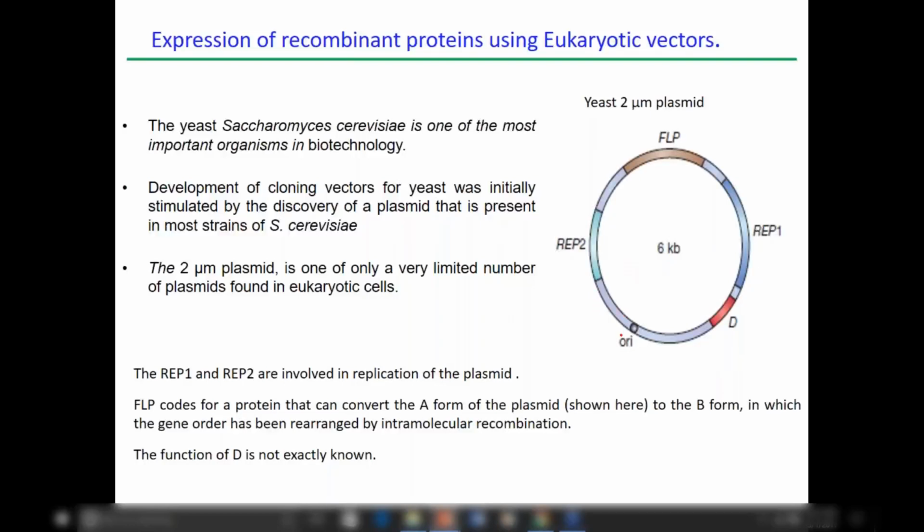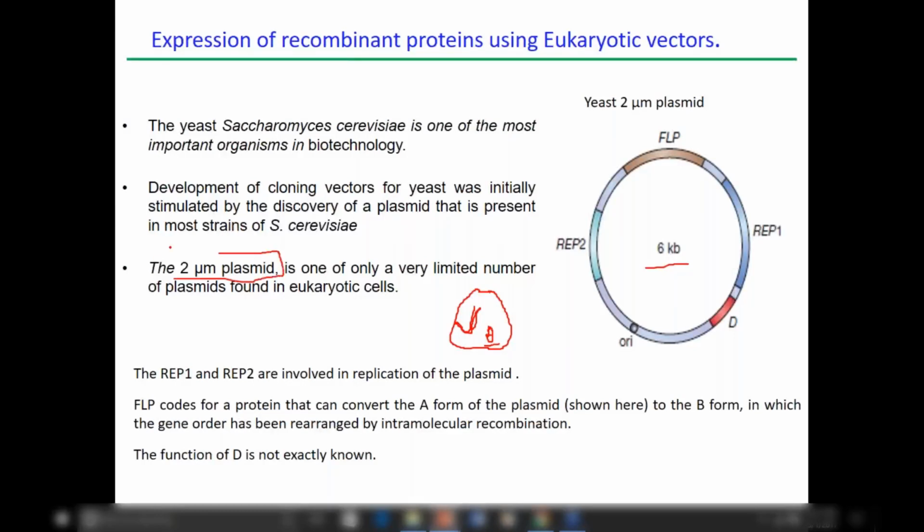So this is what they isolated, the 2 micrometer plasmid, which is 6 kb. So this is your Saccharomyces cerevisiae. Inside there was a chromosome, and then inside there was a small plasmid. Under the microscope, the size of this plasmid is 2 micrometer.